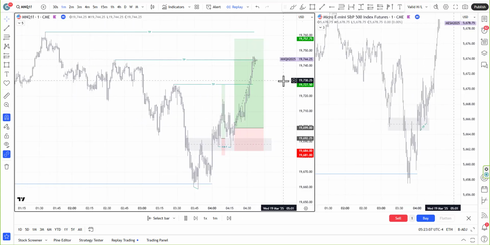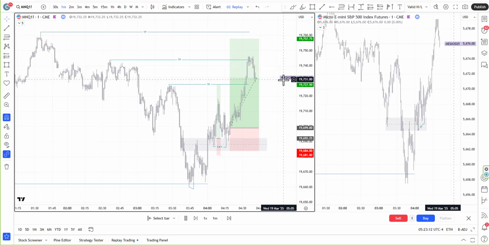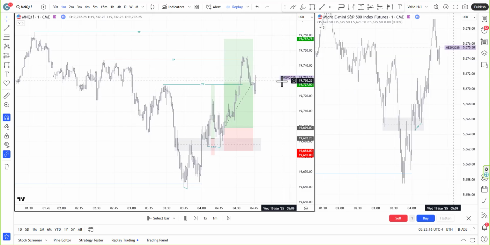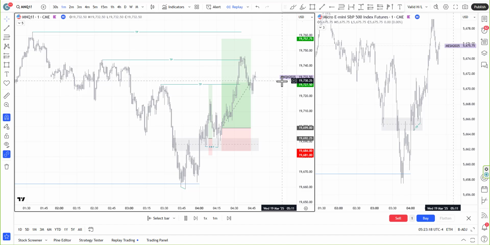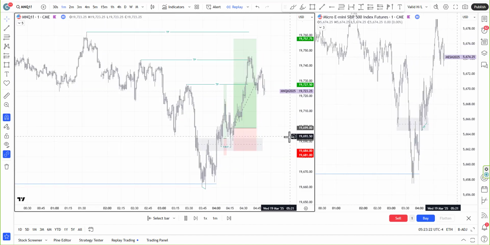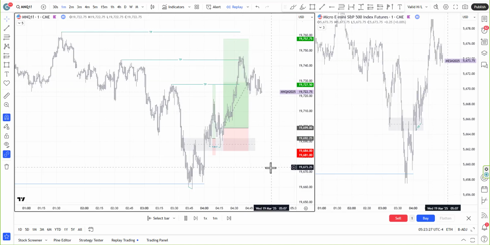Second TP hit, and then you have to be wary of the fact that price can correct a little bit. So you can trail your stop loss, or just leave the runner and pray to the market gods that it will move to the expected TP.